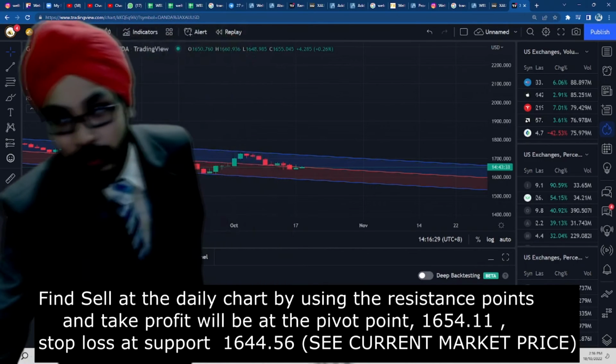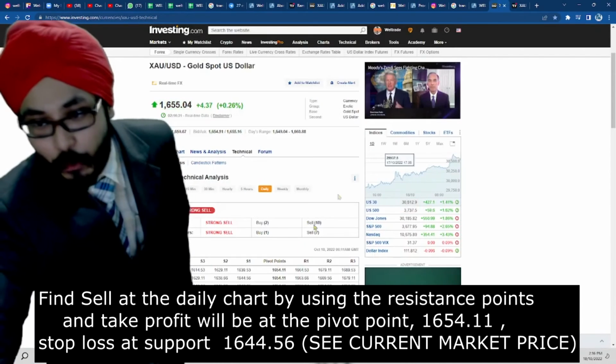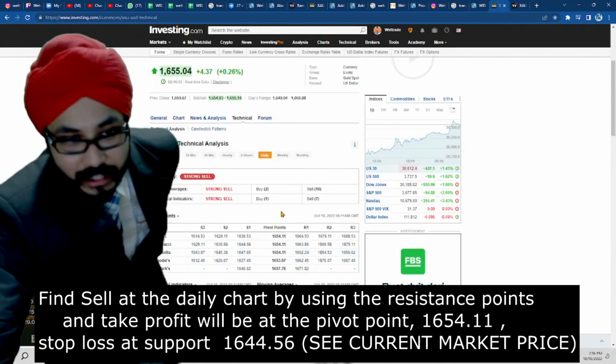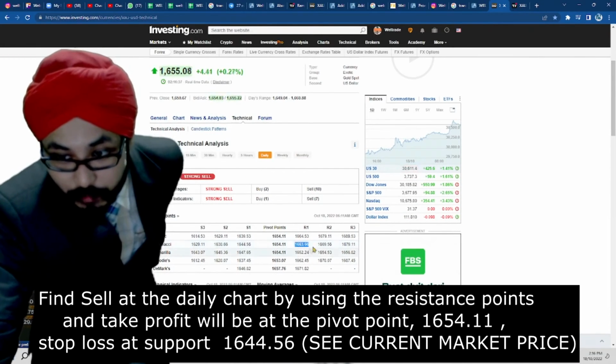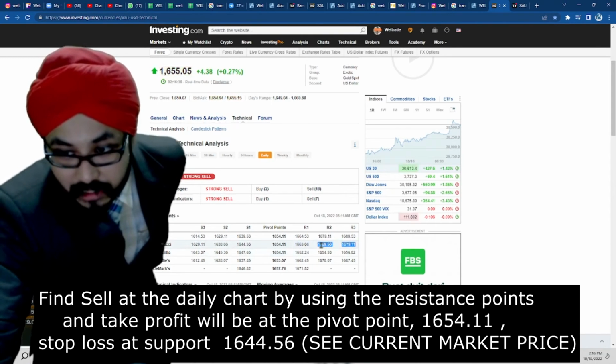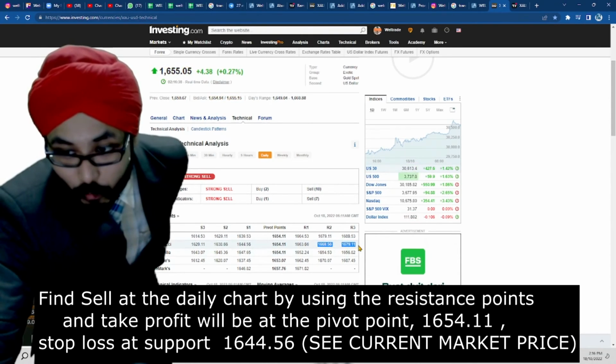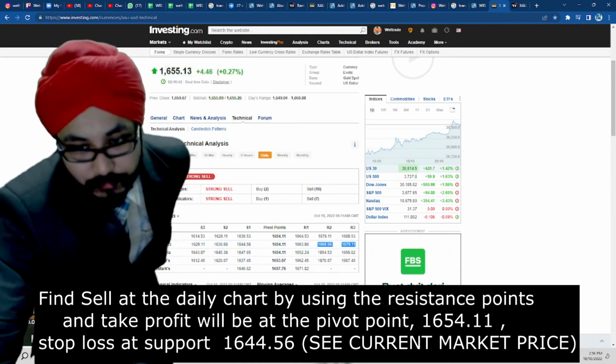If we are going about it, we can check the information over here, which is the daily. As we can see, our resistance points would be 1663.66, 1669.56 and 1679.11.